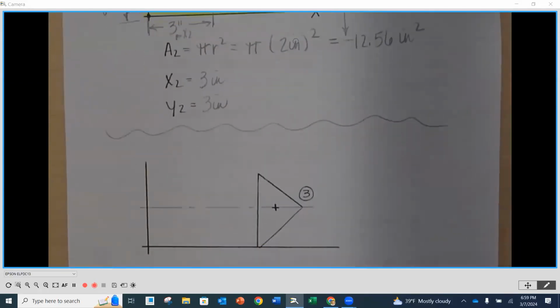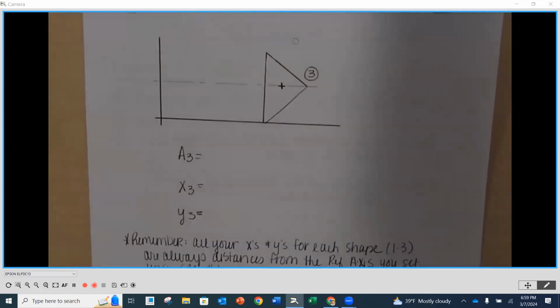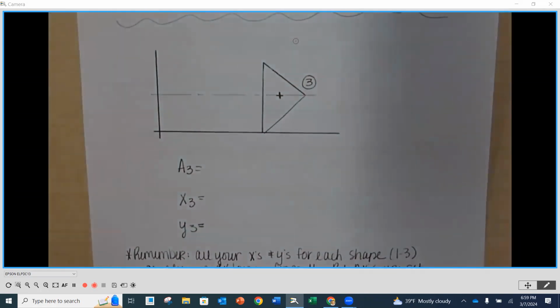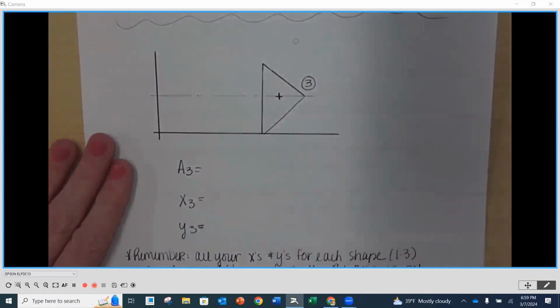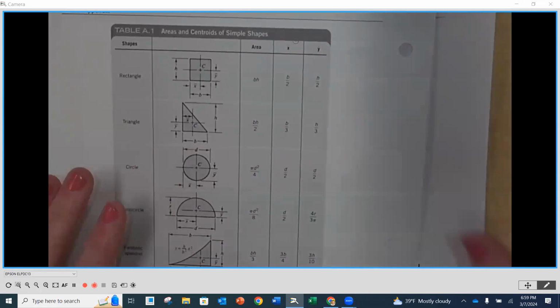All right, we've got one more shape. Go ahead and fill this one in. If you need the area of a triangle, put it right here.